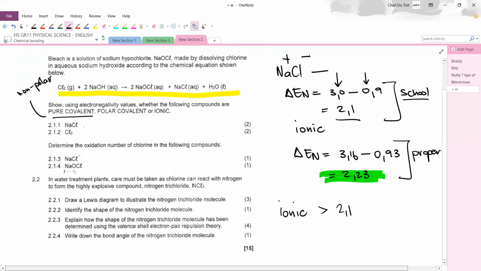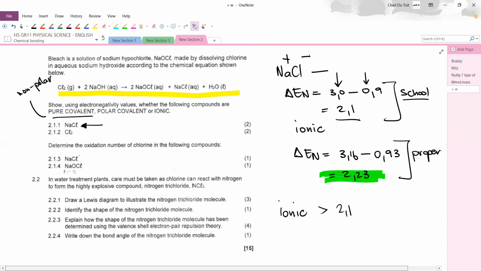So this is a bad question or a bad example because they should have looked at the textbook. But some of the textbooks just say greater than 2 or greater than 1,9. If anything is above 1,9, it's ionic. Okay, so your textbooks say what? 2,1. That's a problem.